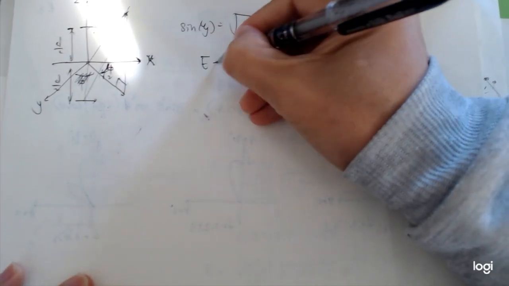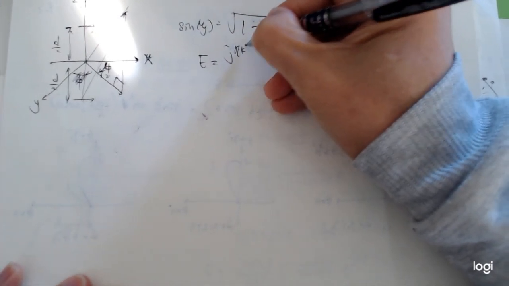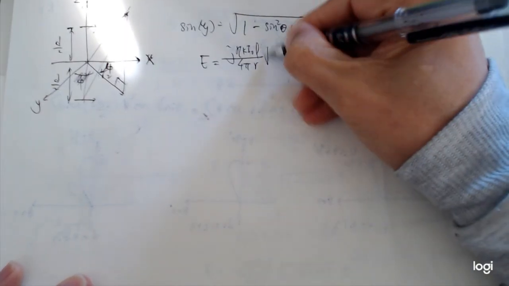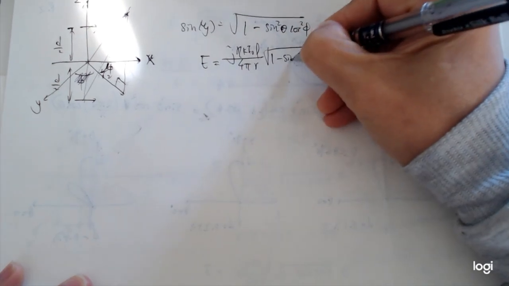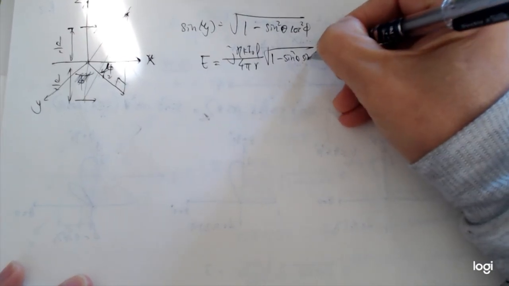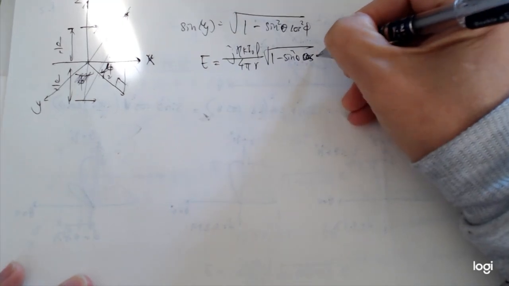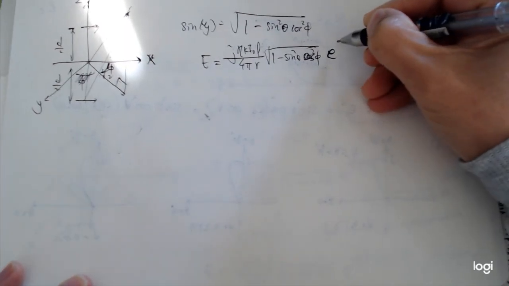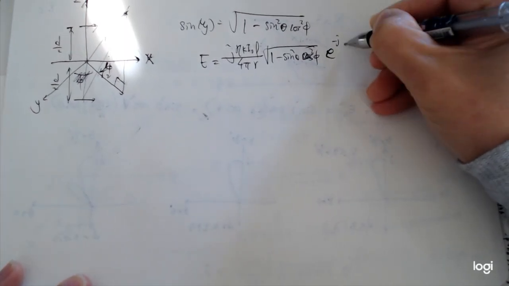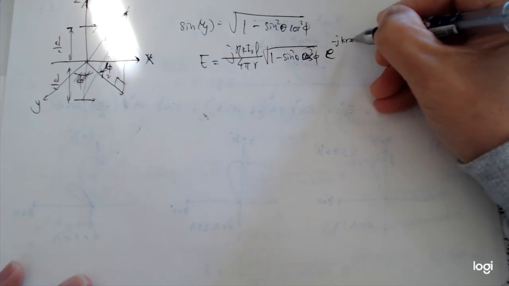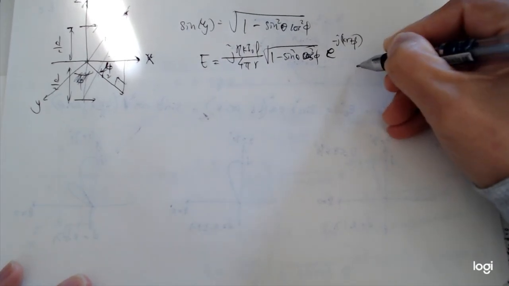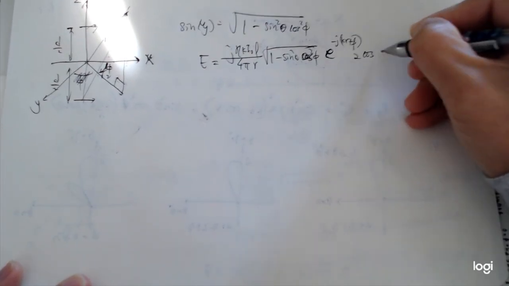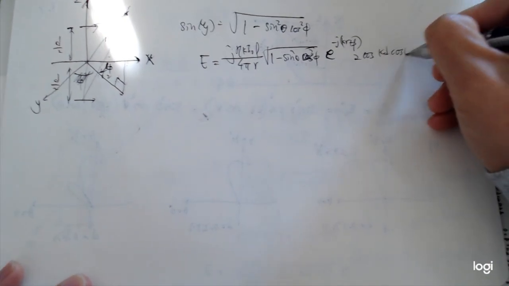The final electric field in this case will be K i0 over 4 pi r, 1 minus sine theta cosine phi, e to the power of minus jkr plus beta, and then 2 cosine kd cosine theta over 2.